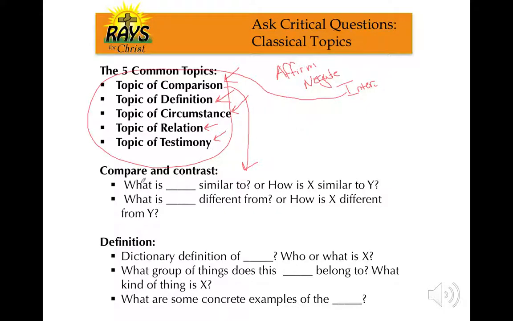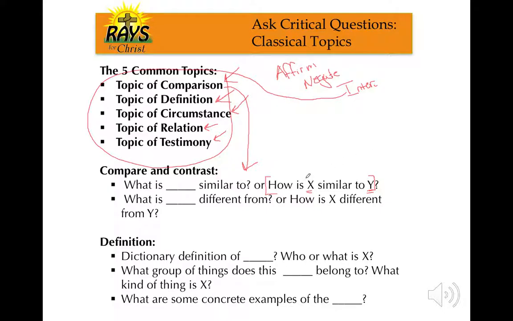So we start asking ourselves these questions. What is, fill in the topic, similar to? The way I like to ask it is, how is X similar to Y? And it could be anything in a big story like The Telltale Heart or a novel.